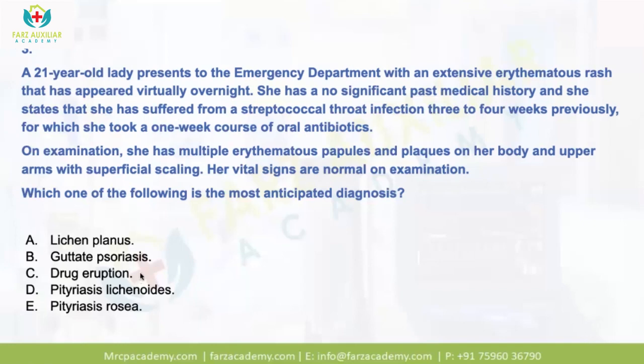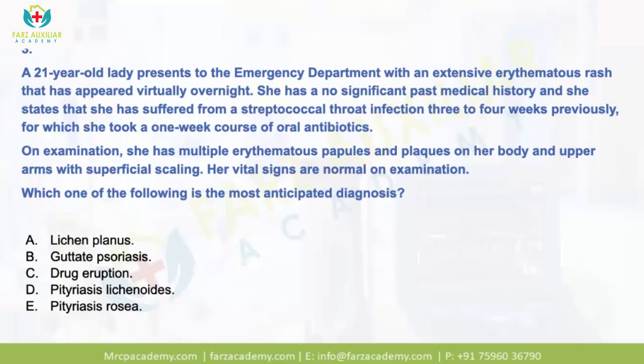Drug eruption, yes, you have to think of it, but again, if you want to make these two associations, streptococcal infection and rash, probably psoriasis becomes the most likely answer.